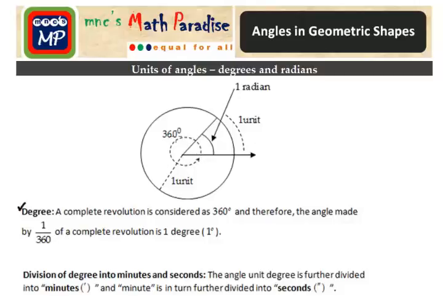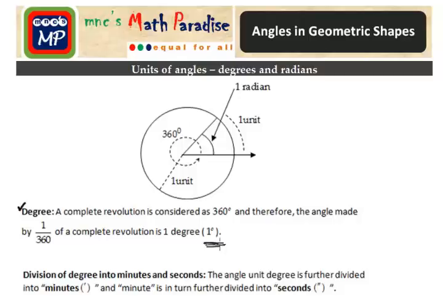So a complete revolution is 360 degrees, and its one 360th part is 1 degree. It is a very tiny angle, that is 1/360th of a complete revolution, defined as 1 degree of angle.